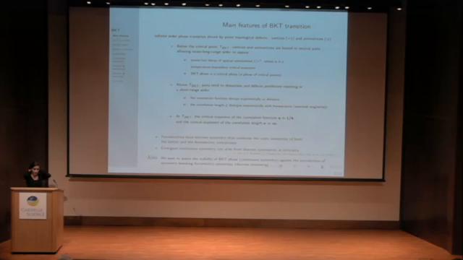So the main features of the BKT transition, that we'll go through later because they will serve us as a guideline for proving this emergence of a critical phase, are that this BKT transition is a transition of infinite order. It means that the free energy and all its derivatives behave continuously.